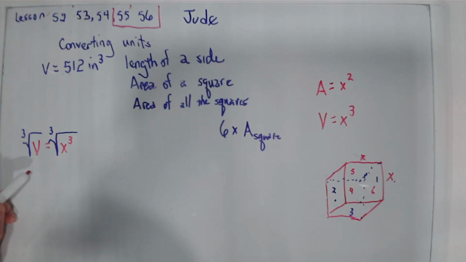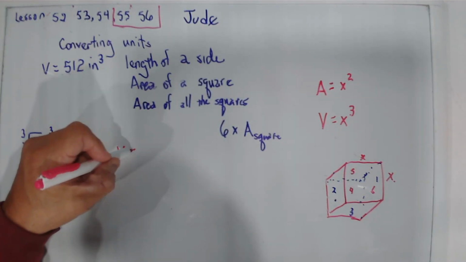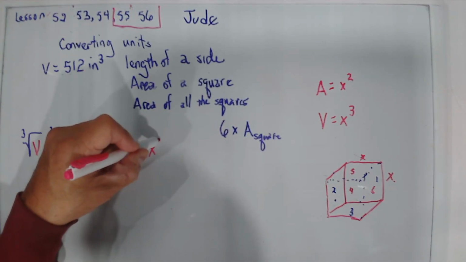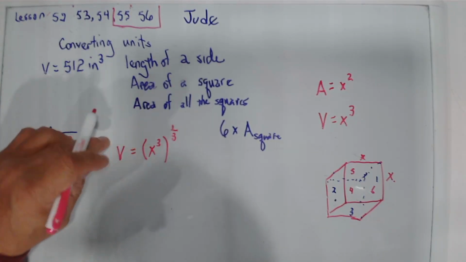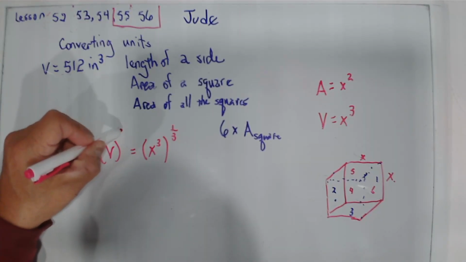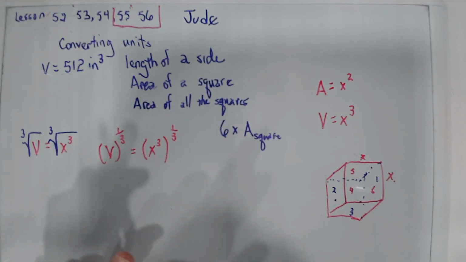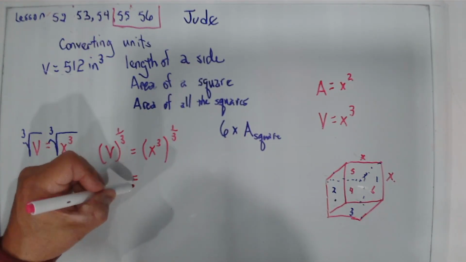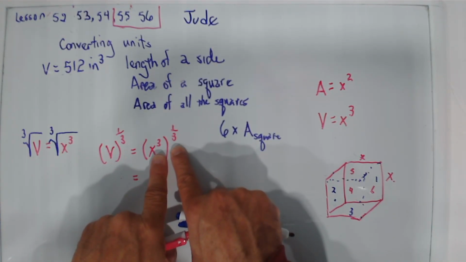Another way of writing this that to me makes more sense is if we wrote it like this. If I had volume is equal to x cubed, what I would do is I would take that to the 1/3 power, and I would take the v to the 1/3 power, and that's just a way of writing cube root. And what I like about this is it makes more sense to me, because as we know in exponents, we just multiply the power and the exponent.